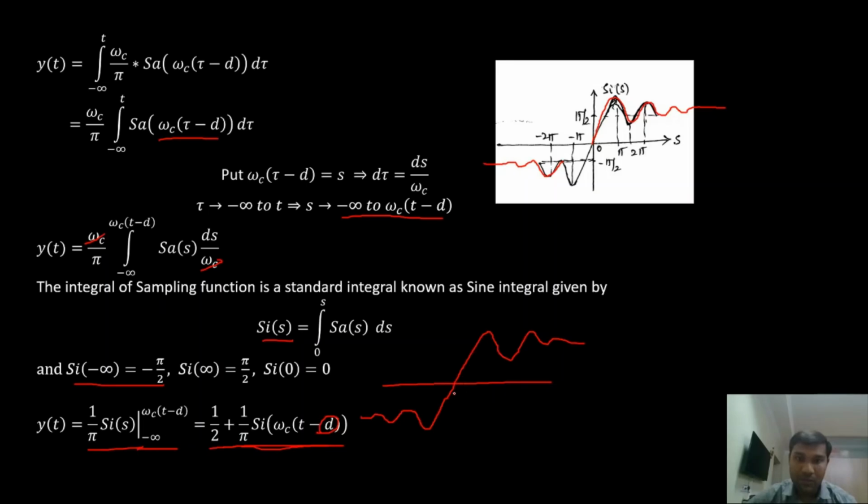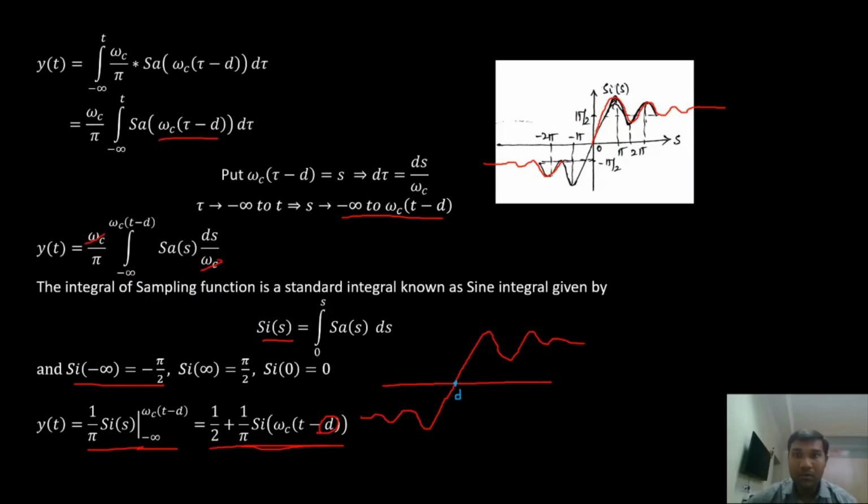Previously my position of 0 was here, right? This is the position of 0. Now it is delayed by d, so whatever was at 0 will now be at time d. It is not 0, it is time d. Then what is the amplitude here?